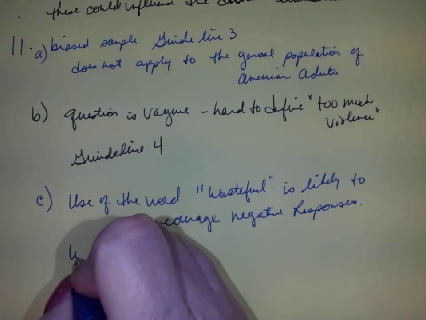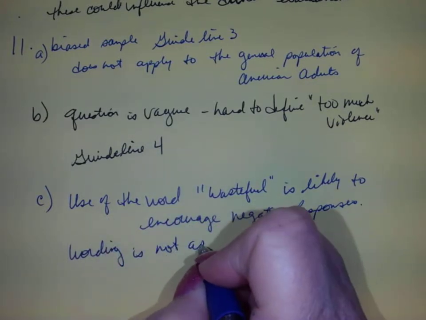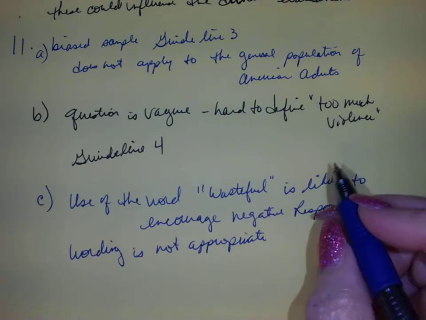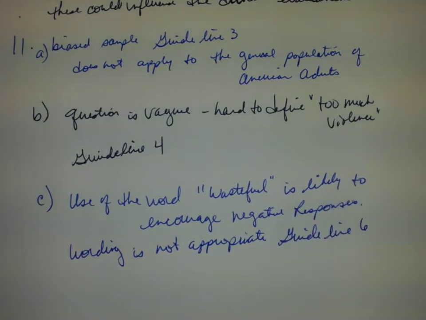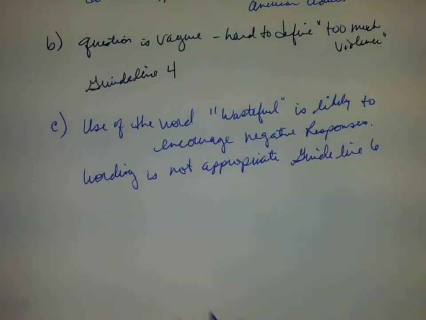So, wording is not appropriate. And so you're looking for guideline 6. Now, any formulas will be available on your exam, but the guidelines will not be listed there. Those are not a formula. That's a concept you need to know and understand, okay? But any of the formulas that we use would be there. Not that there's a lot of formulas here, but if we do, they'll be there.